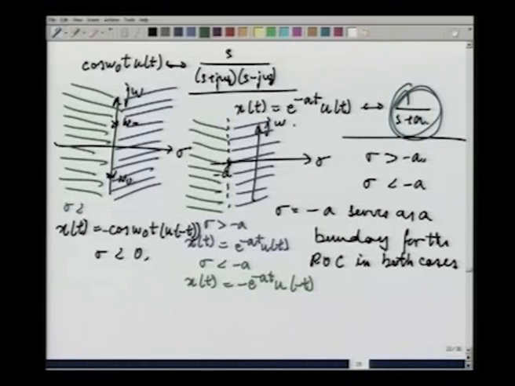This is for sigma less than 0, this is for sigma greater than 0. Again you see that the places where the poles are, the vertical line containing the poles serves as a boundary. So this reinforces what we have just found over here. Poles serve as boundaries.